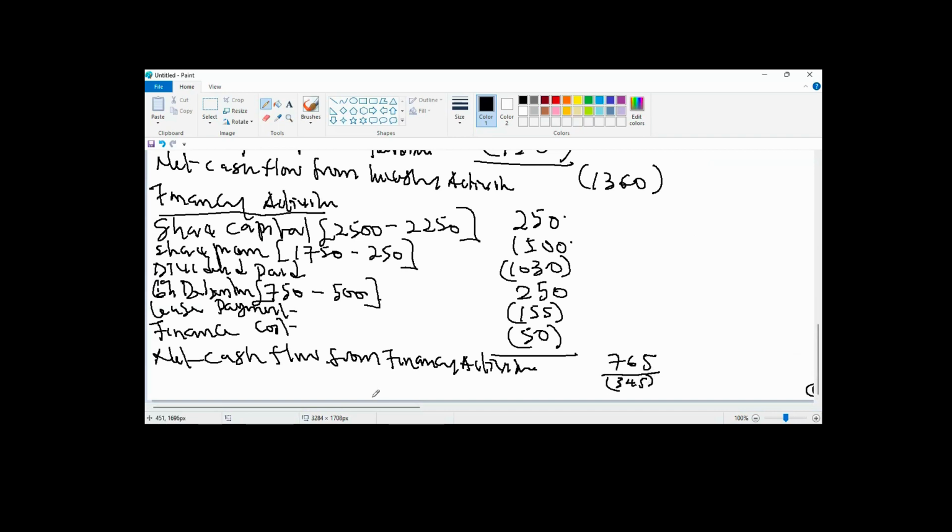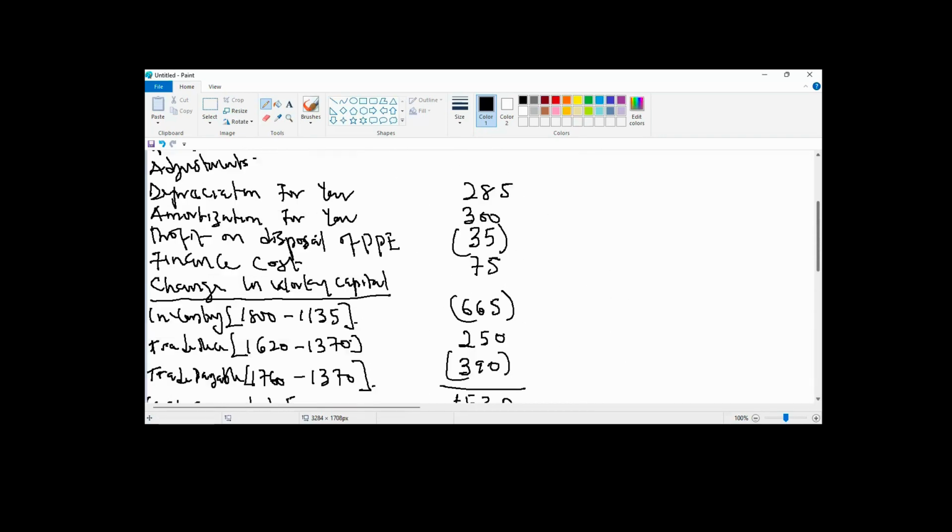Let us go and do our cash and cash equivalent at the end. It's negative, so we say decrease in cash and cash equivalent. I'm going to do my cash and cash equivalents at the beginning and the end.